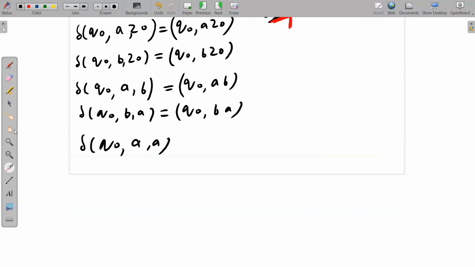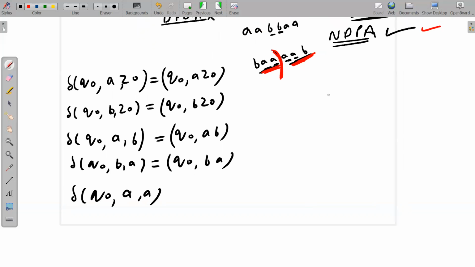Because we have read A from the stack, the previous symbol was A, and because we have read A from the tape, the current symbol we are going to read is also A. Previous was A and current is also A. So there may be chances that we have to do cutting, or there may be chances that we have to push. Look here carefully: previous was A, current is also A, so that means we have to push here, but here previous was A and current is also A.